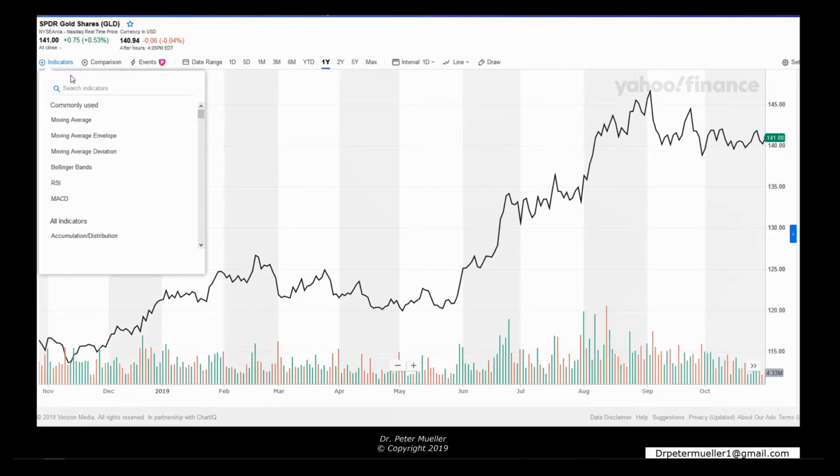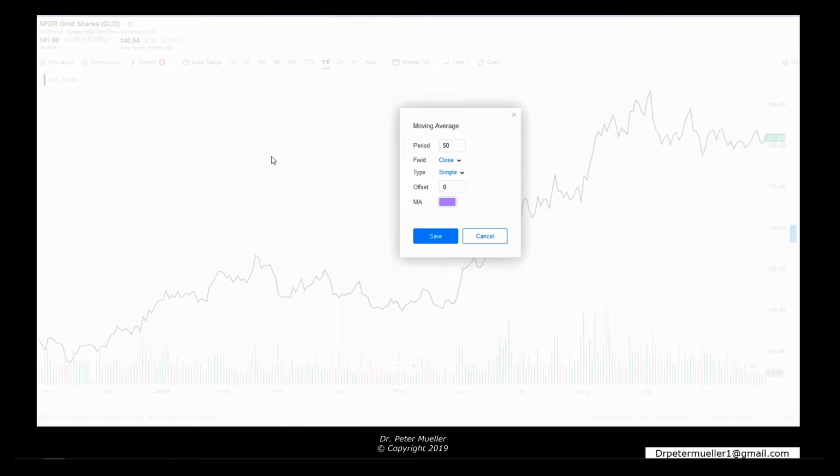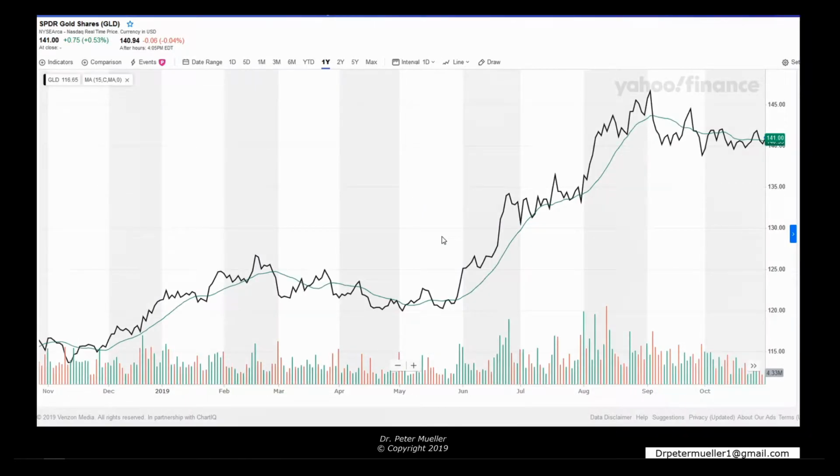So let us take the moving average, and let's say we take a 15-day, the 3-week moving average, and we keep it simple moving average, and let's make a green line out of it, and we see the 15-day moving average, which is a pretty smooth curve here.